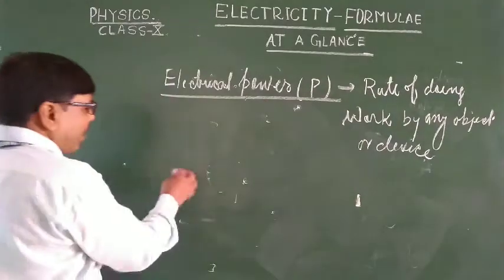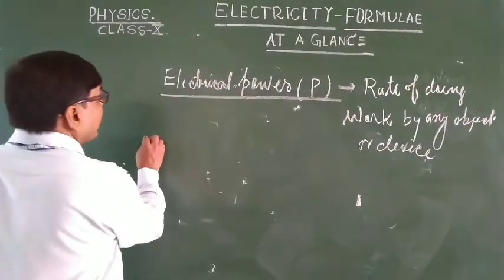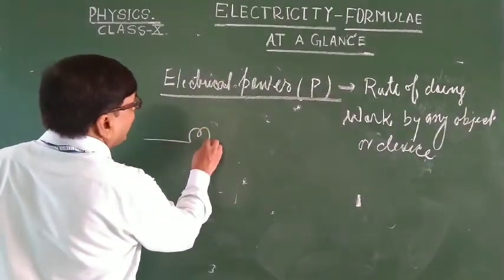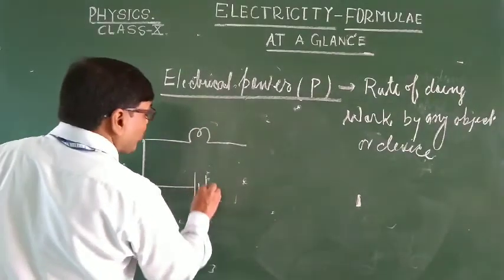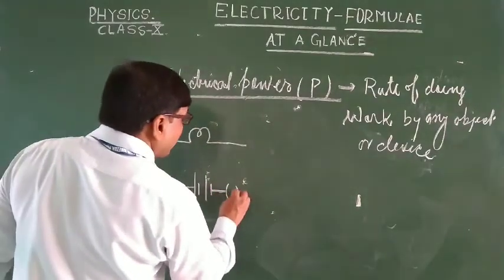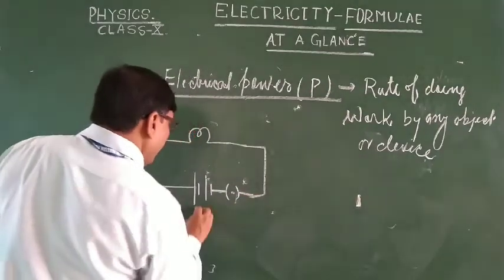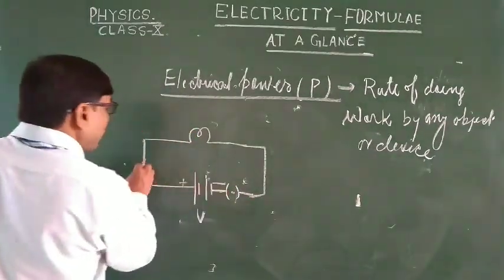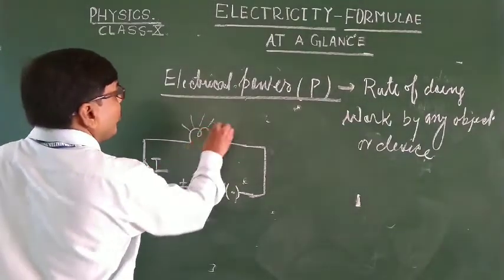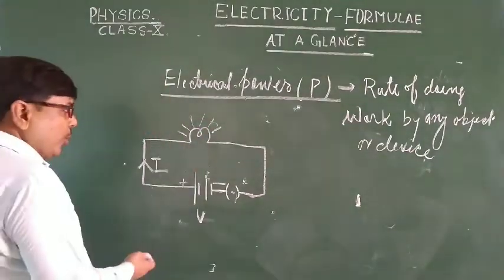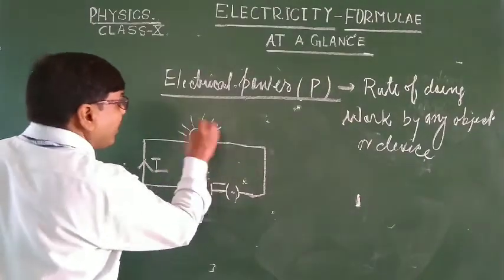Suppose there is a bulb connected in a circuit with a source of potential V. Now see the flow of current, and then it starts to glow. R is given here.